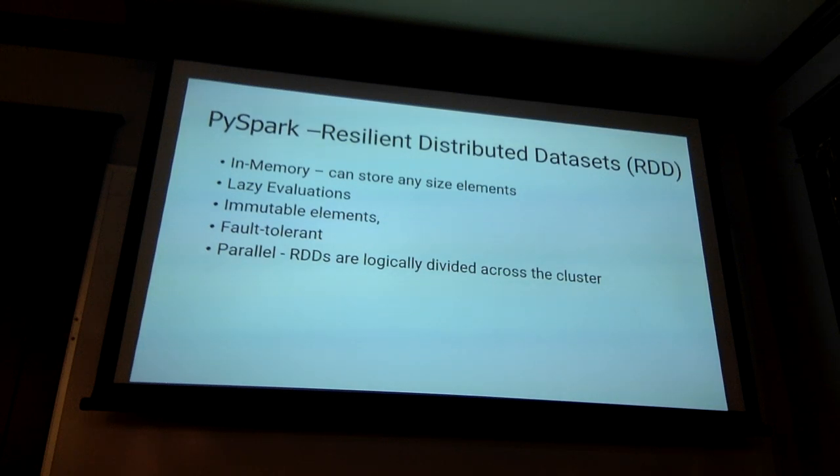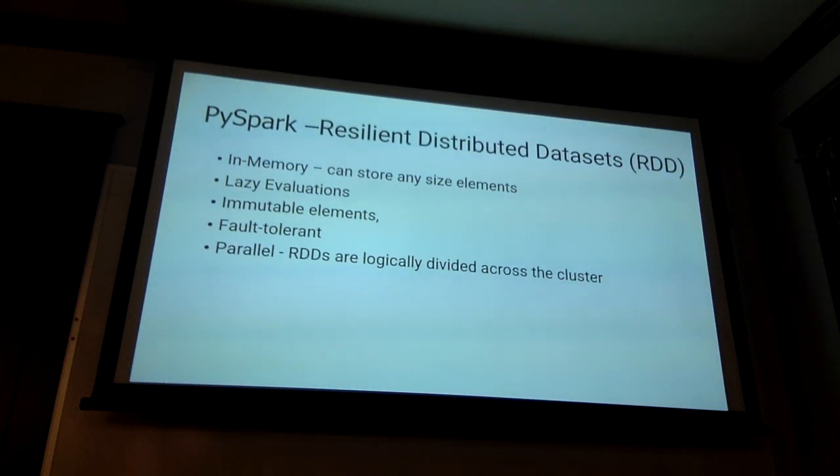Lazy evaluation is also seen in DataFrames. What that means is that when you run a function, it performs a task to transform the data from one form to another, and that is stored in memory. But with lazy evaluation, nothing has really happened yet.